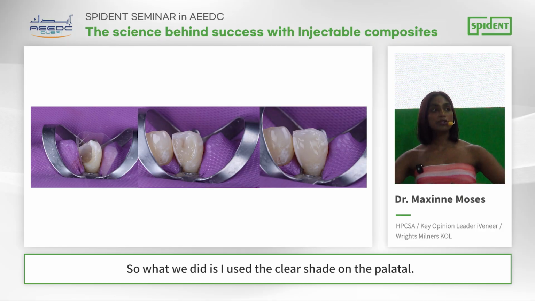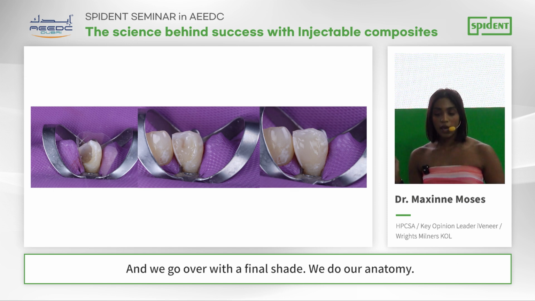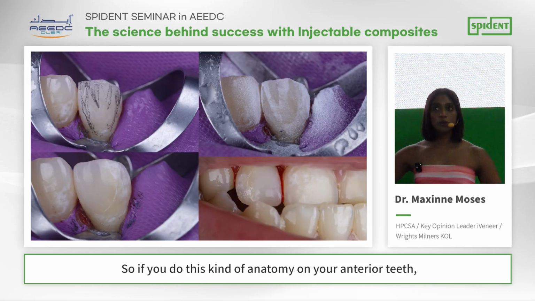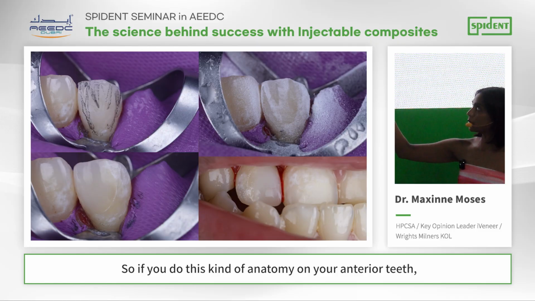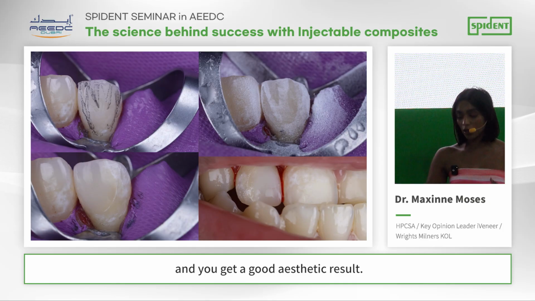What we did is I used the clear shade on the palatal, we build up the side, and we use a little bit of a darker shade to create the mamelons, and we go over with a final shade. We do our anatomy. If you do this kind of anatomy on your anterior teeth, almost always the light will bounce off your material once you finish polishing beautifully, and you get a good aesthetic result.